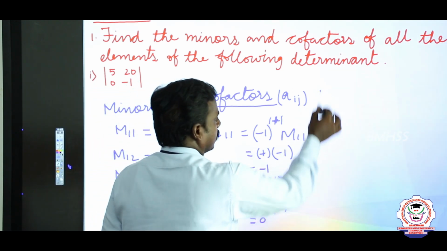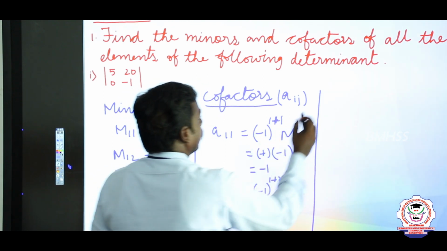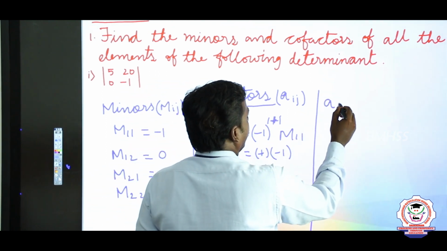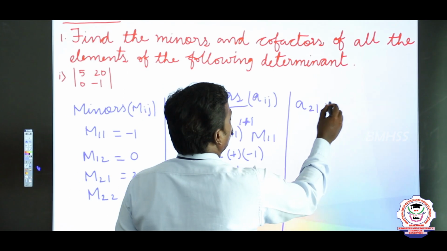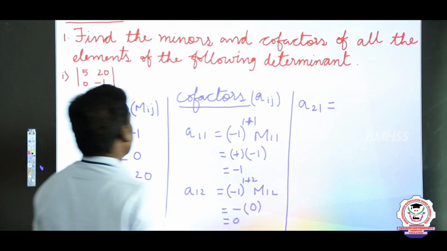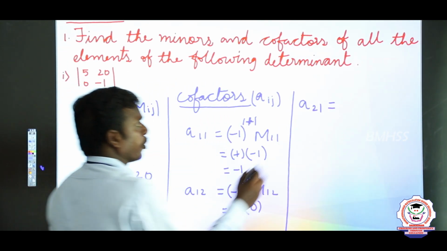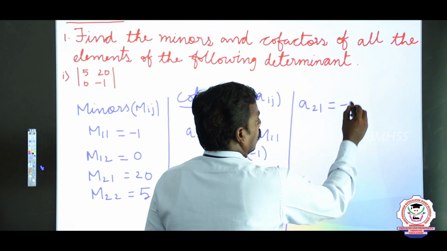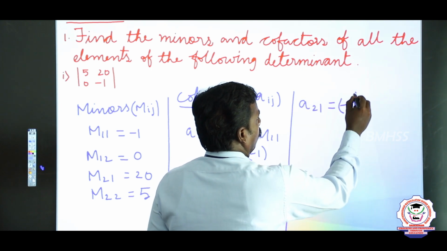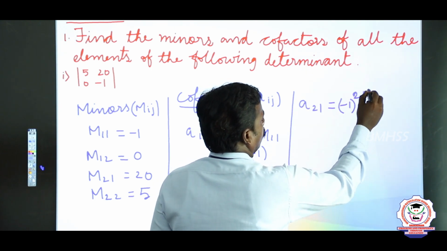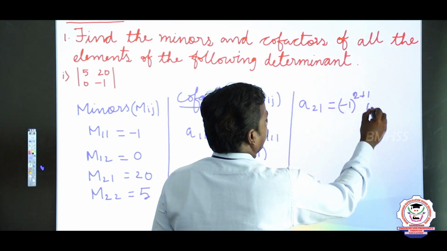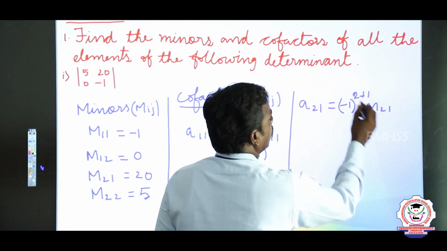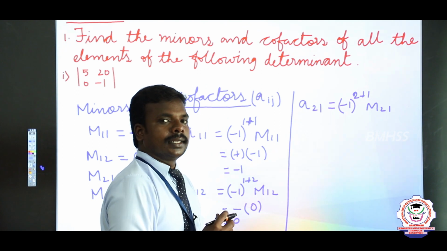Next, the cofactor of A21, second row, first column. So again I am going to do minus 1 whole power 2 plus 1 into M21. 2 plus 1 is 3, an odd number.